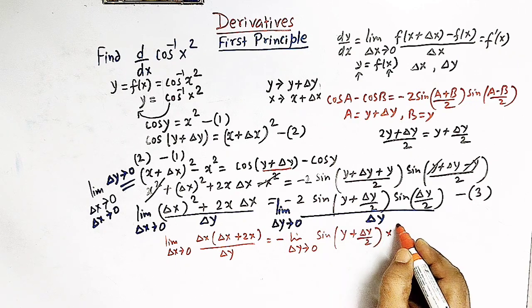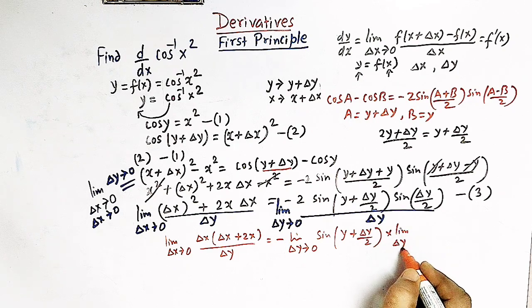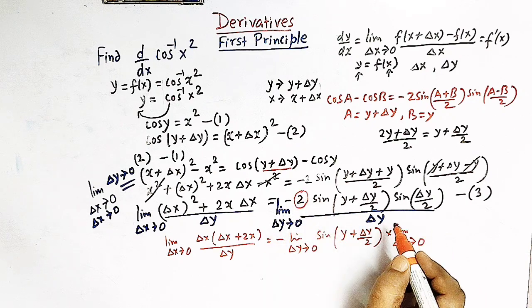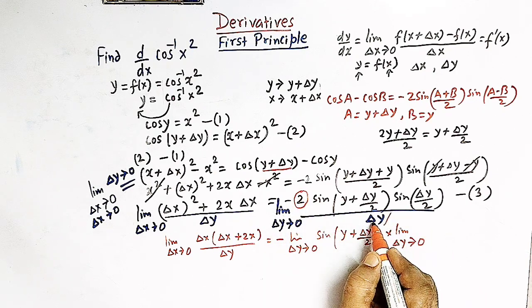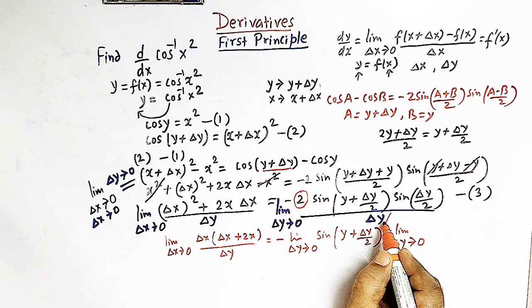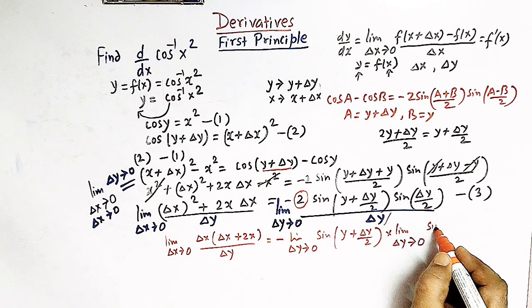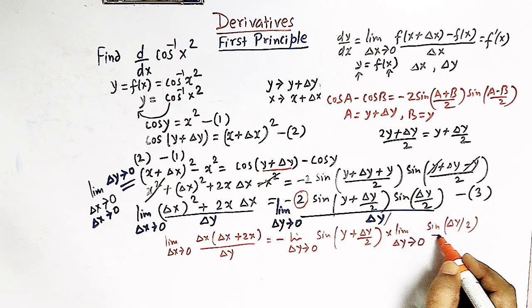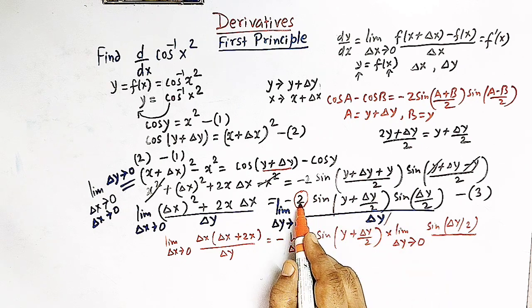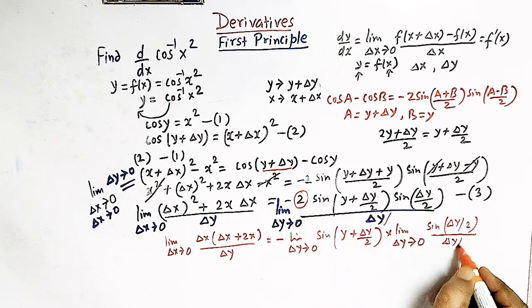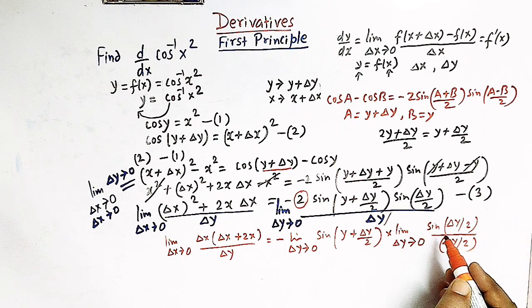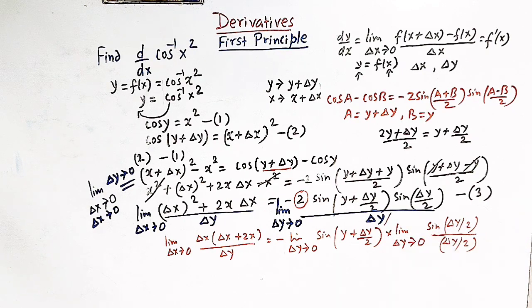Then we can write limit delta y tends to 0, and this 2 can be taken in the denominator of delta y, right? So that we have sine of delta y over 2 divided by delta y over 2, right? So that we can convert this limit into the form that is limit theta tends to 0 sine theta over theta.